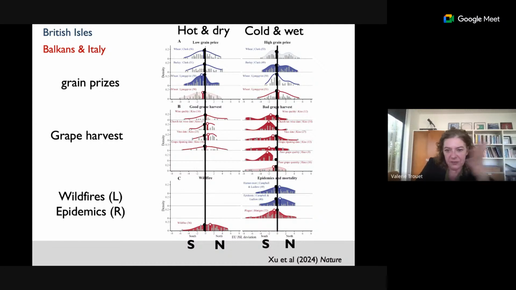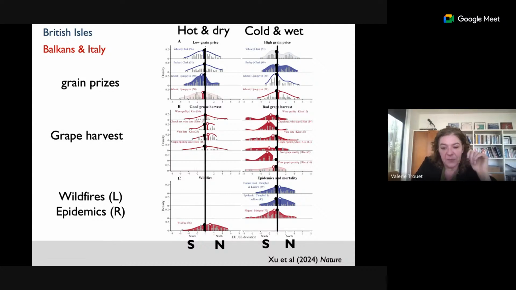So you can see the red blobs occurring to the left of that central black line. Wildfires in the Balkans, on the other hand, happened when the jet stream was further north than normal over those past 700 years, and conditions were hot and dry.